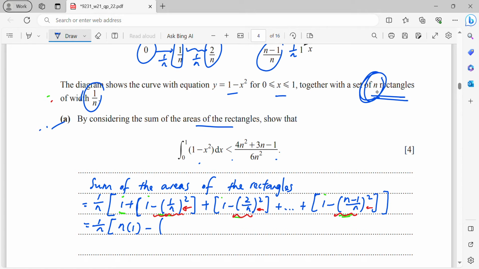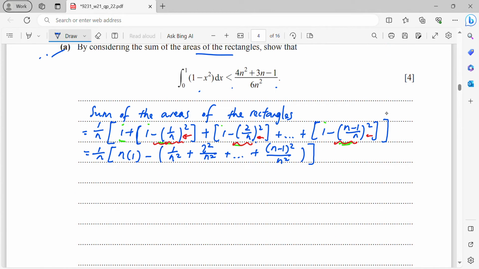Then I show you clearly that it will be 1 over n squared plus, bringing the square into the numerator and denominator for the second term, 2 squared over n squared, plus until the last term, n minus 1 squared over n squared. Then it shows clearly that the denominator is n squared, so for the bracket, I can factorize the denominators. So it will be negative 1 over n squared, then what is left is 1 squared plus 2 squared plus until n minus 1 squared.